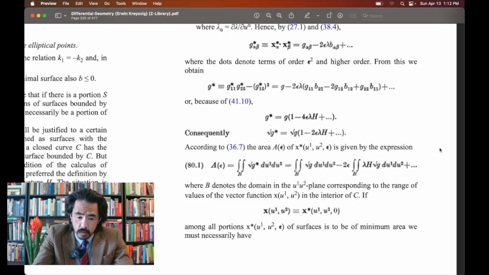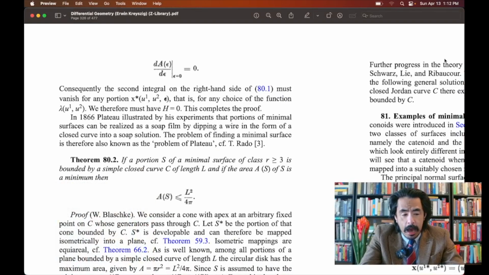If x of u1 and u2 is equivalent to x star of u1 and u2 and 0, so epsilon is 0, among all portions x star of u1, u2, and epsilon of surfaces is to be of minimum area, we must necessarily have dA of epsilon d epsilon evaluated at epsilon equals 0 is 0.